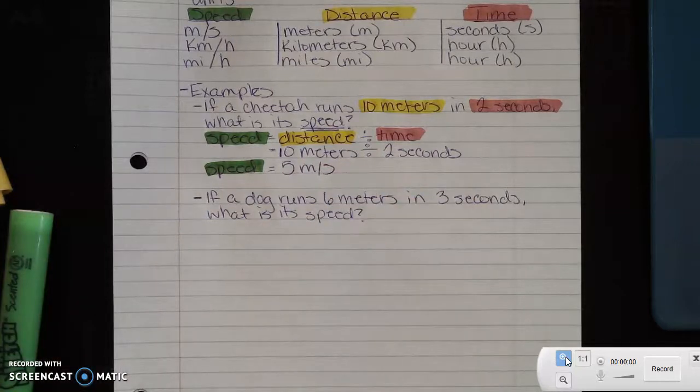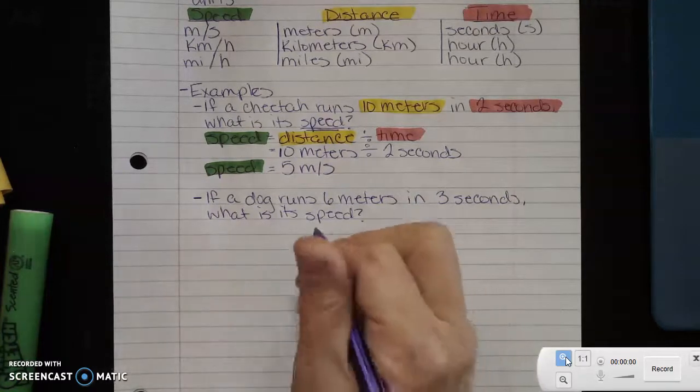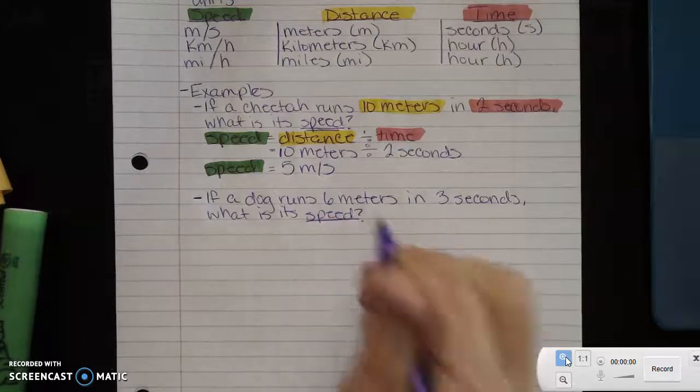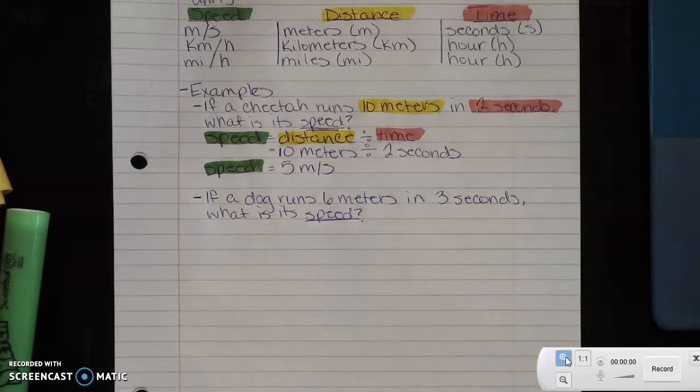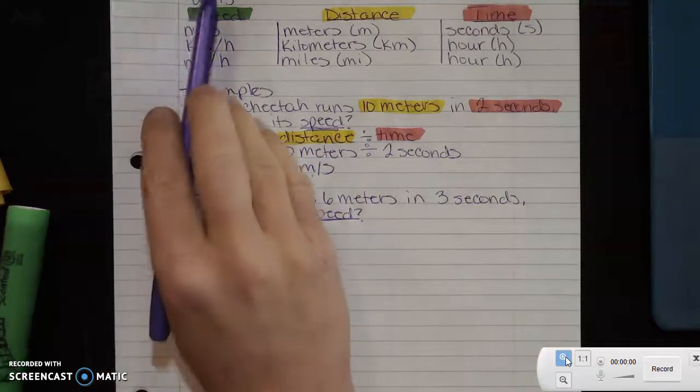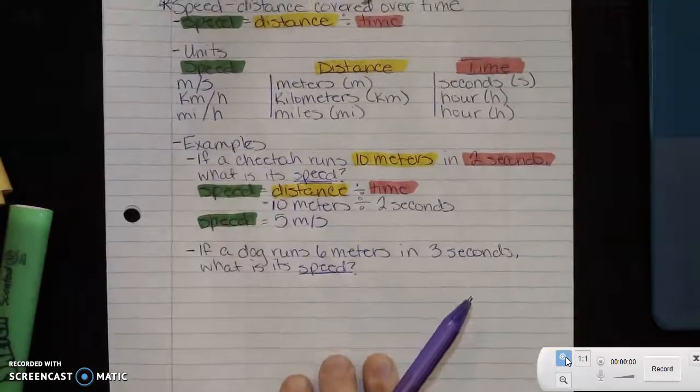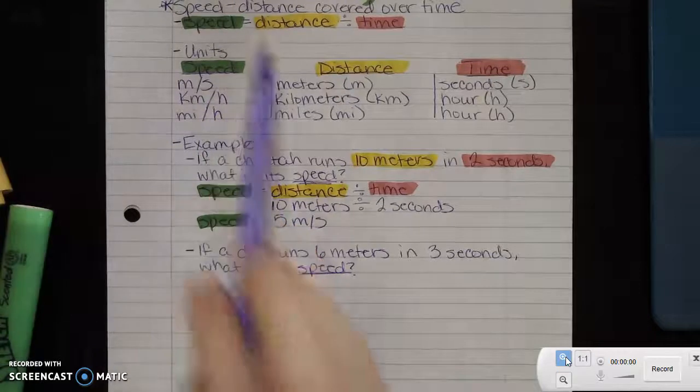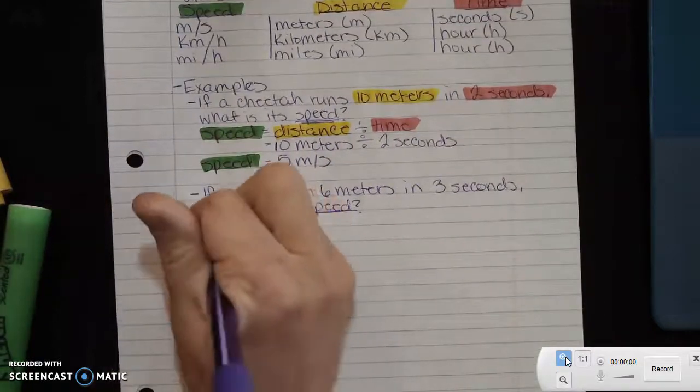So I see a word problem, start to get frazzled. I calm down and I ask myself, all right, what is it asking? What is its speed? So I underline it. That means we're trying to figure out speed. We need the speed equation. I see it up here under my speed heading. Here's the equation. I'm going to copy it down.